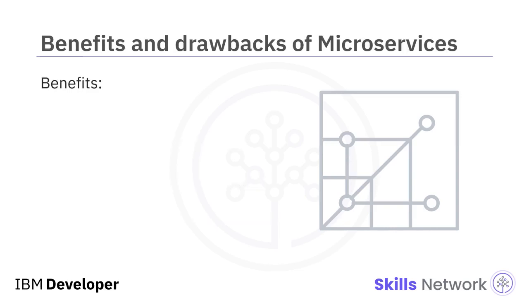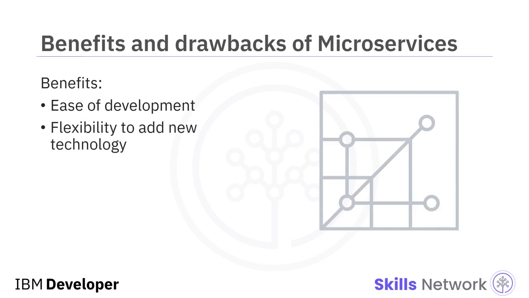This architecture provides benefits, such as ease of development, where you can define individual work units as a service. And since each service has a designated responsibility, you have the flexibility to add new technology. But while there is a compelling case for using microservices, there are some challenges associated with it too.